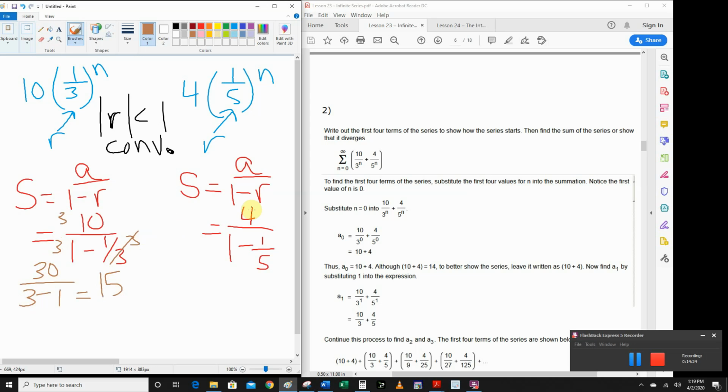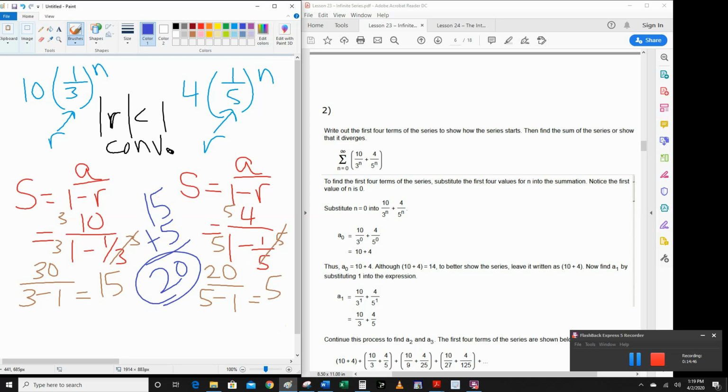For the second complex fraction, multiply everything by 5, and that gives us 20 over 5 minus 1, which is 5. So the sum of our entire series is 15 plus 5, or exactly 20.